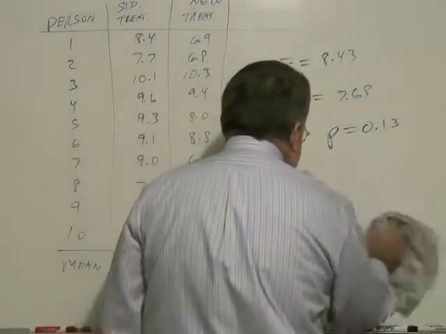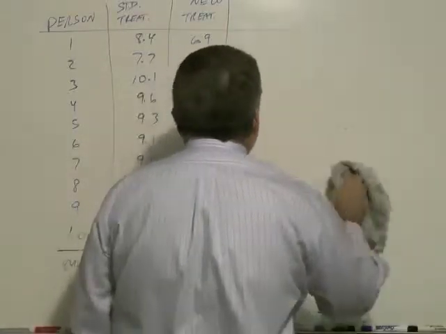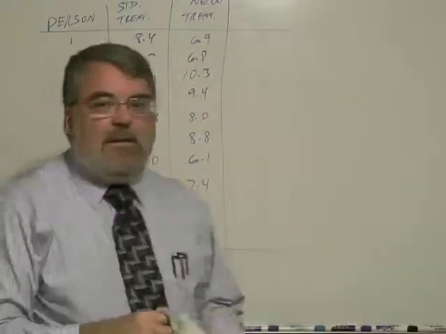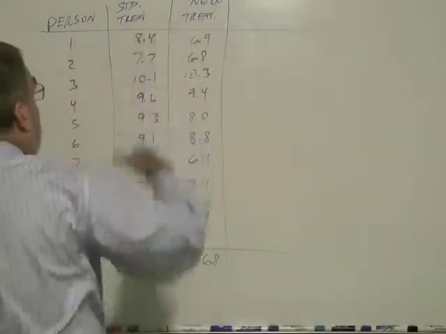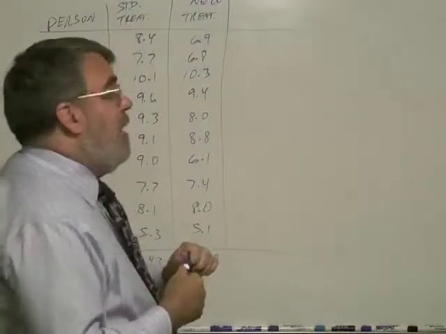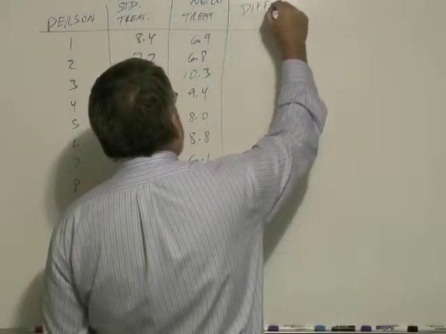Now let's look at the matched pair analysis. Forget this approach, and let's look at the individual differences between standard and new. I'm going to create another column here, and this is the difference.